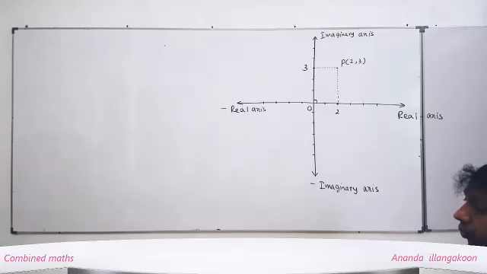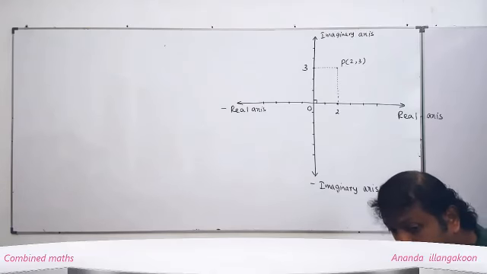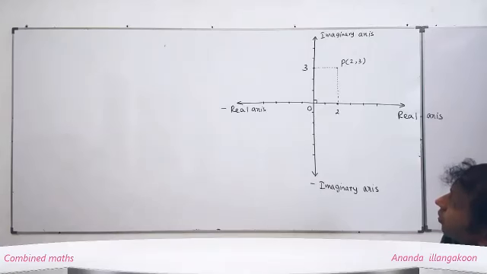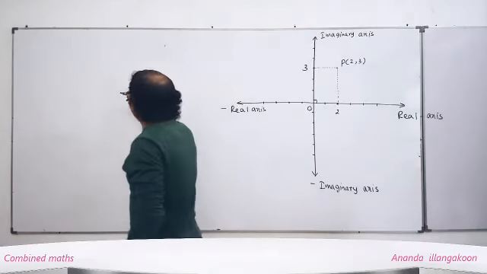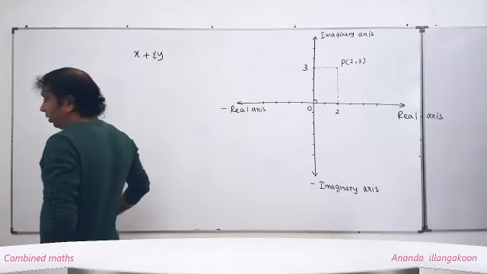Therefore, using these real and imaginary parts, we can write the corresponding complex number in the form x plus iy.